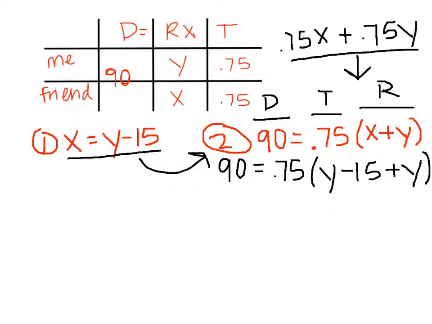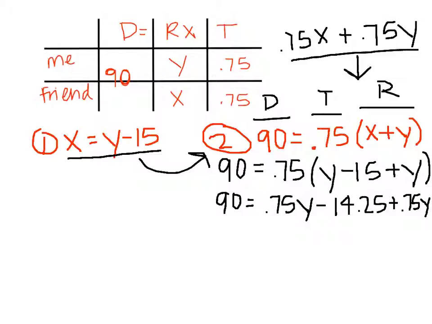Then we're going to solve this problem by distributing 0.75, so we have 0.75y minus 11.25 plus 0.75y.